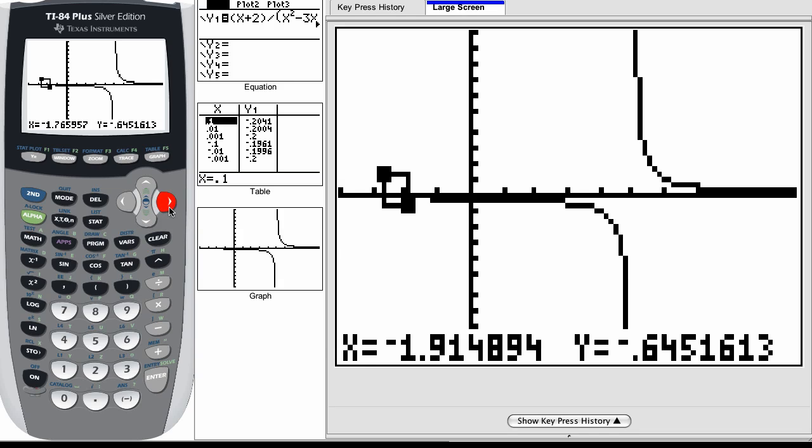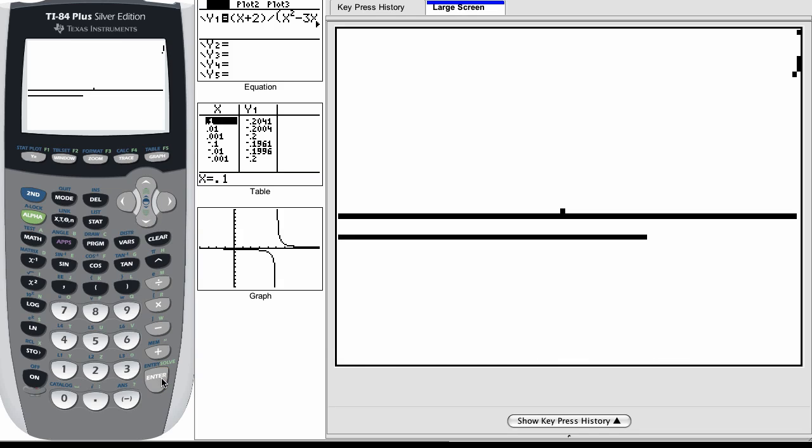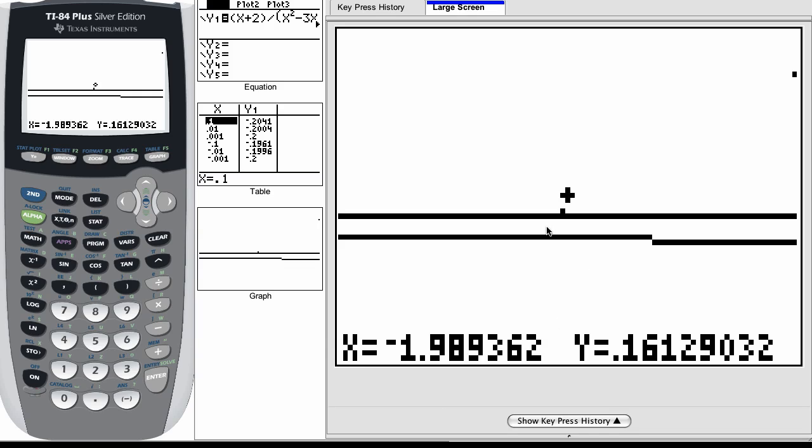So I've put a little box around -2, and let's see what that gives me. Here's -2 right here, and you can see that it goes through.